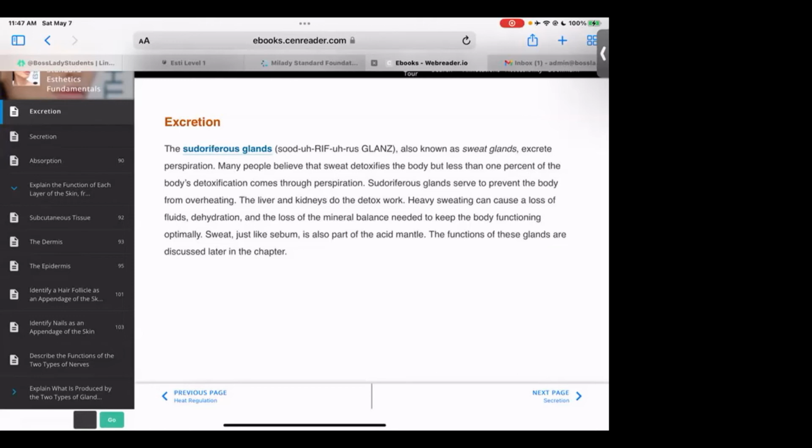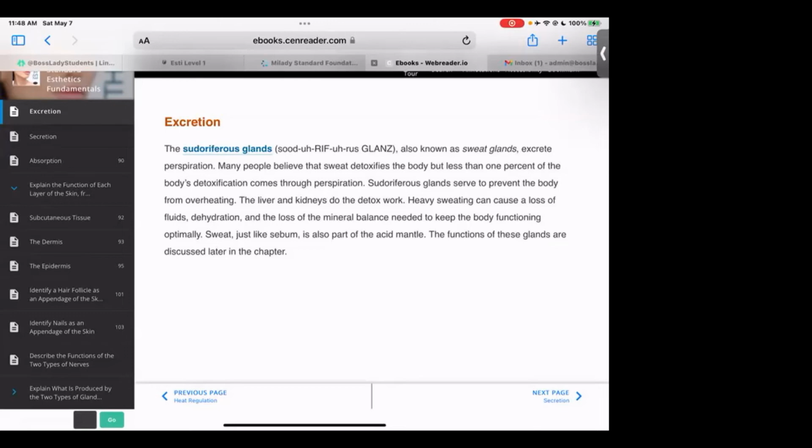It can cause dehydration. Dehydration can then trigger excess oil production because the body doesn't know the difference between oil and water. So excessive sweating from the sudoriferous glands can trigger dehydration, which can then trigger excess oil production. It can also trigger a reduction in the mineral balance needed to properly feed the body to have optimal function.